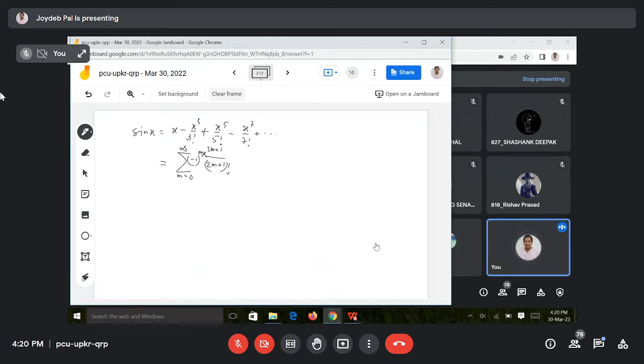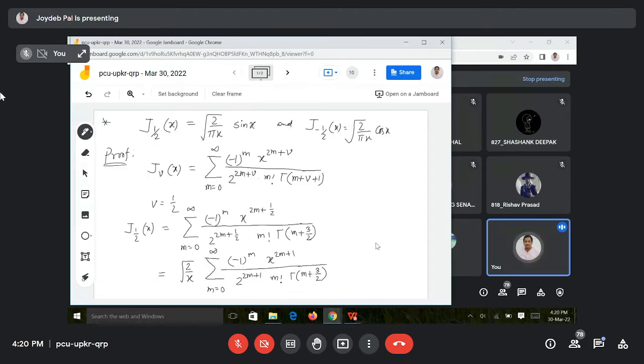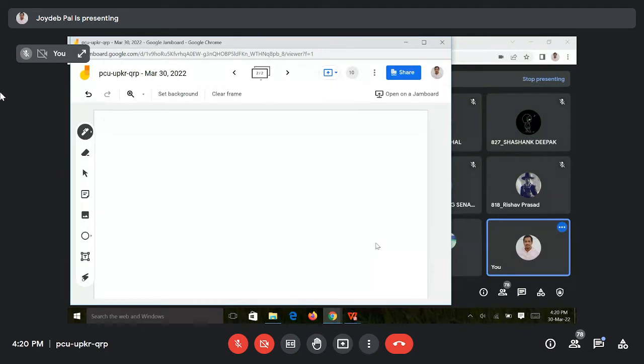I am clearing the frame. Now I am taking the denominator 2 to the power 2m plus 1, into m factorial into gamma of m plus 3 by 2.